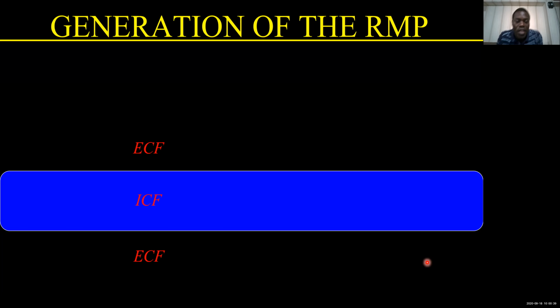We want to see the impact of the efflux of potassium, the influx of sodium and chloride on the charges on the cell membrane. I hope you remember also that potassium is a cation, sodium is a cation, chloride is an anion.